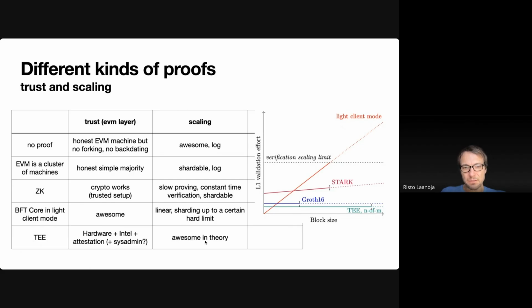In theory, it scales awesomely, but in practice there are lots of administrative processes, and I do not even know, maybe we have to trust system administrators, which would be super ugly. And we have to trust hardware, we have to trust Intel to manage their keys and whatnot.